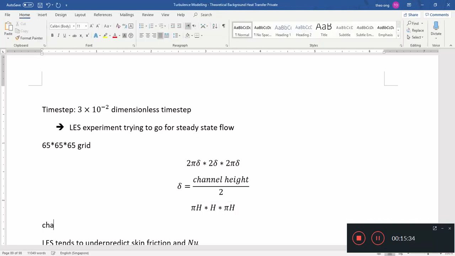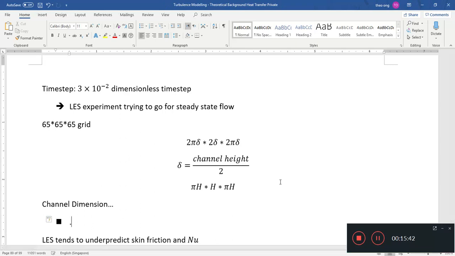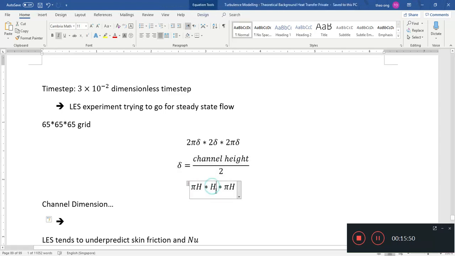Okay, channel dimension. So h is the channel height. You have this part split into 65 spaces, and this part into 65 spaces as well.